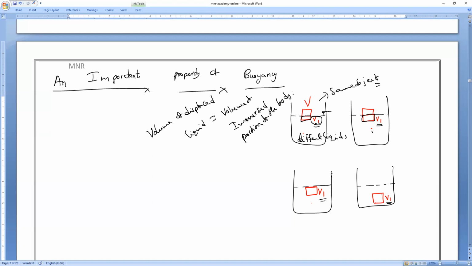That is what you have to remember. Which will be equal to the volume of the object inside the liquid, the immersed portion of the body. So keep it in mind, if it is immersed very little, whatever liquid is displaced, the volume of that liquid is equal to the volume of the immersed portion.